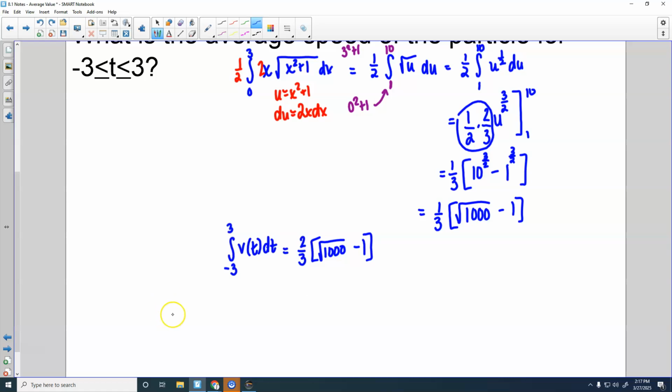And if I want the average speed, I would do 1/6 times that integral from negative 3 to 3 of, I'm going to put the absolute value bars here to show that we were in fact doing speed and not velocity.